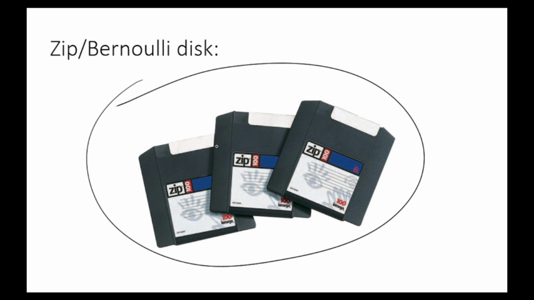It consists of a single hard platter encased in a plastic cartridge. Depending on the disk drive and size of the disk, storage capacity varies from 8 GB to 500 GB, or even more than that. This was about zip or Bernoulli disks.